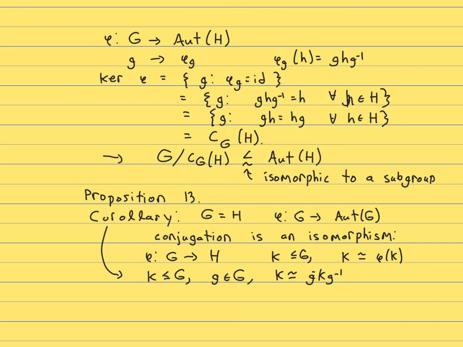In particular, automorphisms given by conjugation have this feature that they send subgroups to subgroups, elements of the same order to elements of the same order. This is true in general for arbitrary automorphisms. These types of automorphisms are called inner automorphisms, by the way.